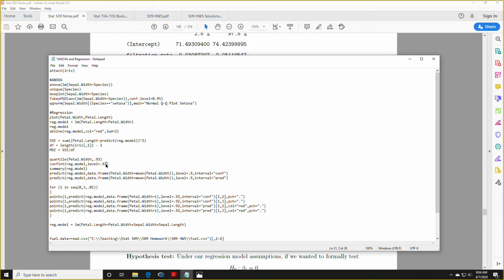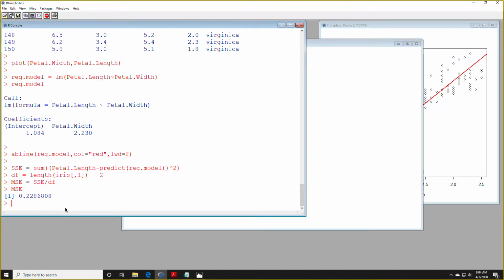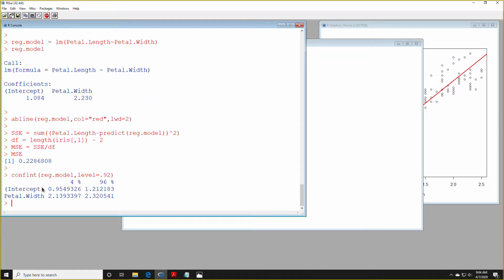This is telling it instead of a 95% confidence interval, you want a 92% confidence interval. And the argument is just whatever you called your simple linear regression model, which was reg.model. So this is telling R that I want 92% confidence intervals for the intercept and the slope. And I believe, yes, each of these are individual 92% confidence intervals, okay?